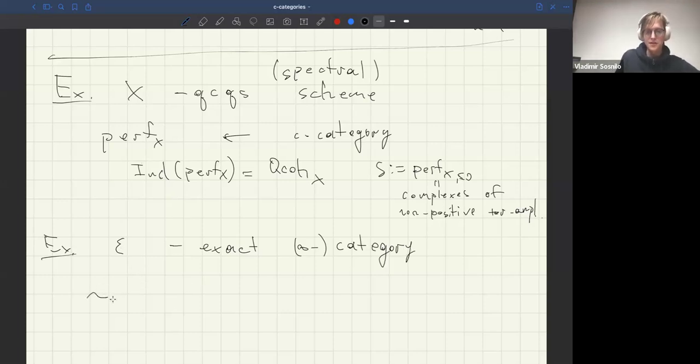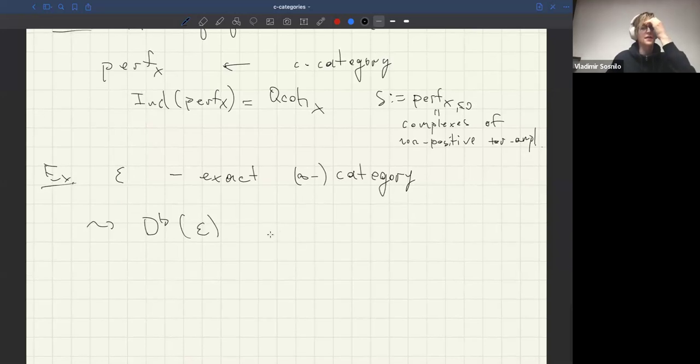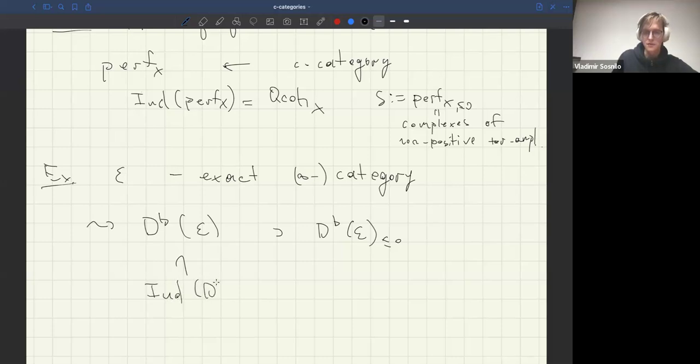Then there is a well-defined bounded derived infinity category of E. And in here, I can consider the subcategory of non-positively concentrated complexes. Again, I can embed this into Ind of D^b(E) and consider the weight structure generated by this negative class.